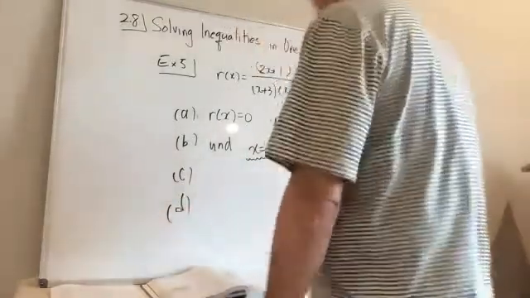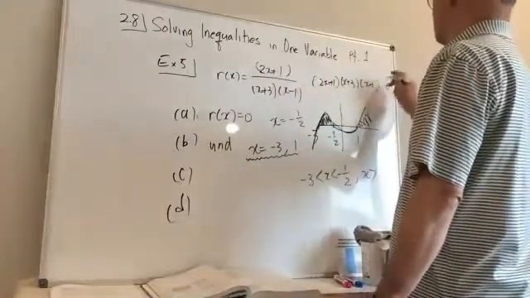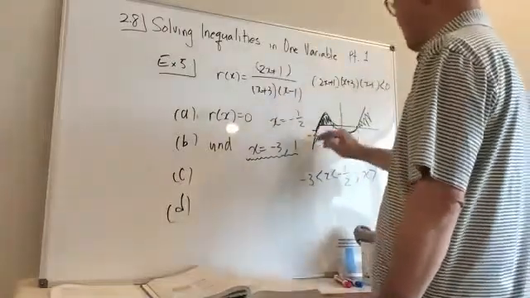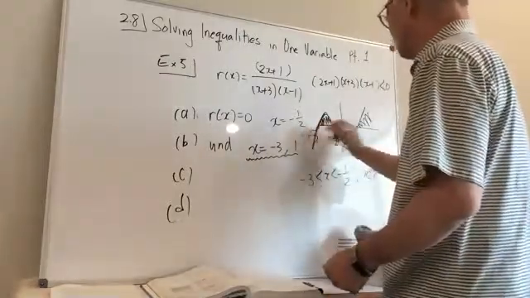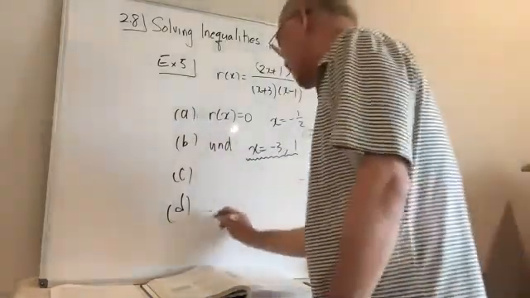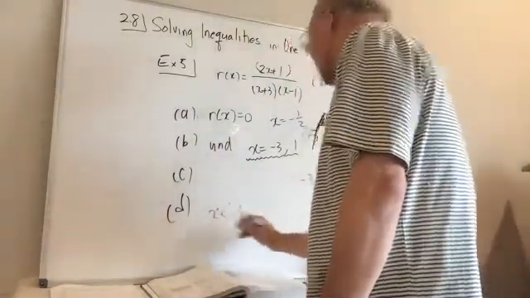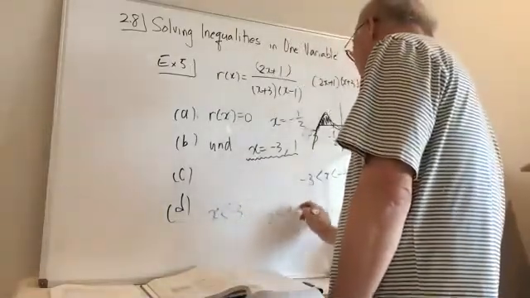D is when is it negative? This is going to be negative in this section over here and this section here. So it looks like x is less than -3, and x between -1/2 and 1.